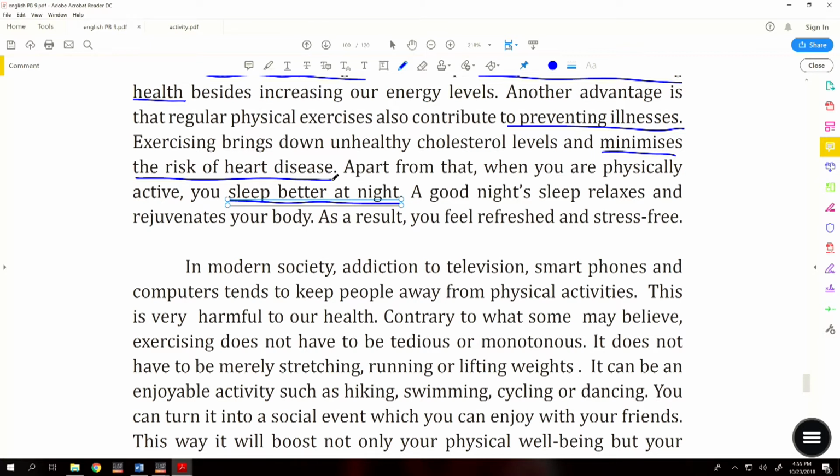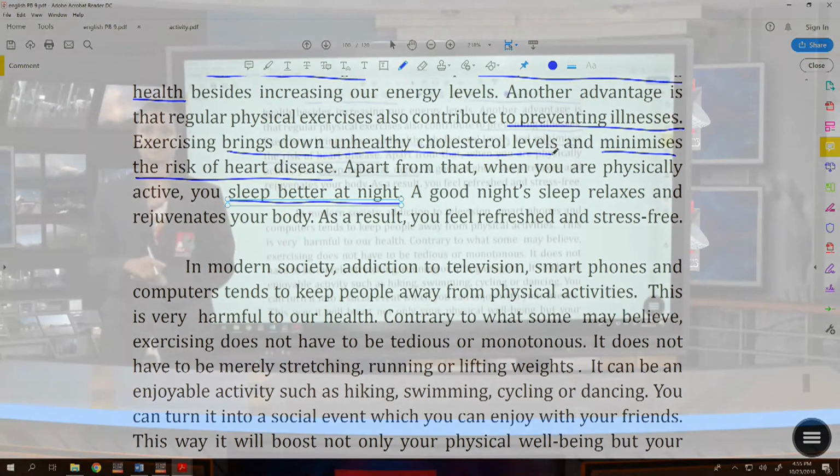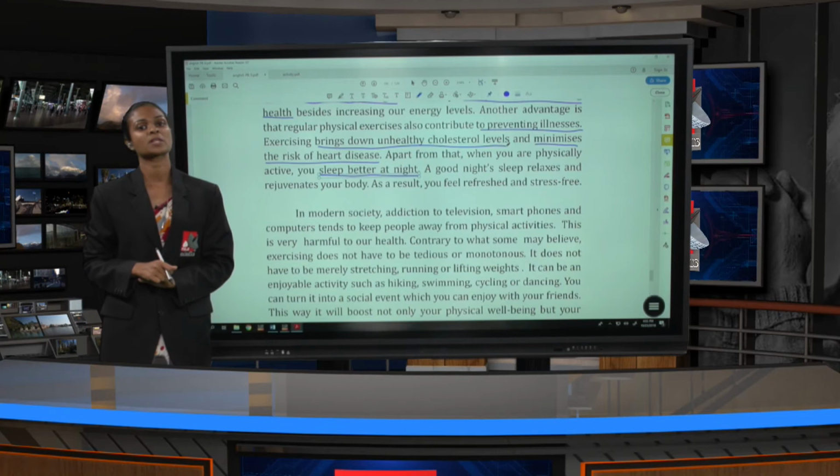To bring down unhealthy cholesterol levels. These are the ways in which physical exercises help.